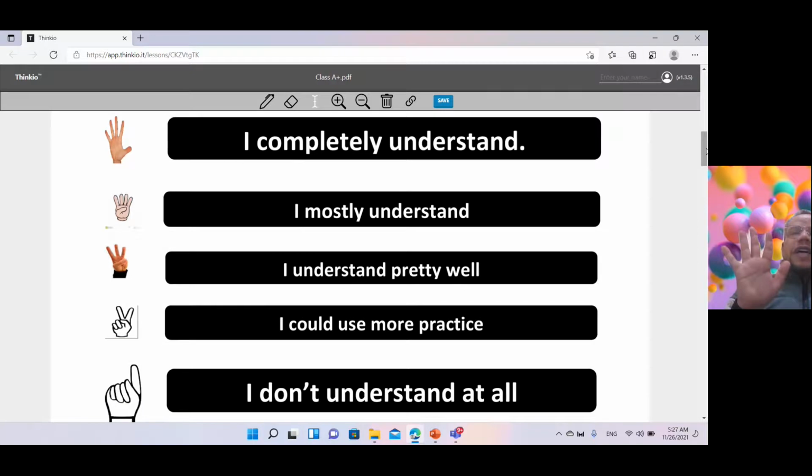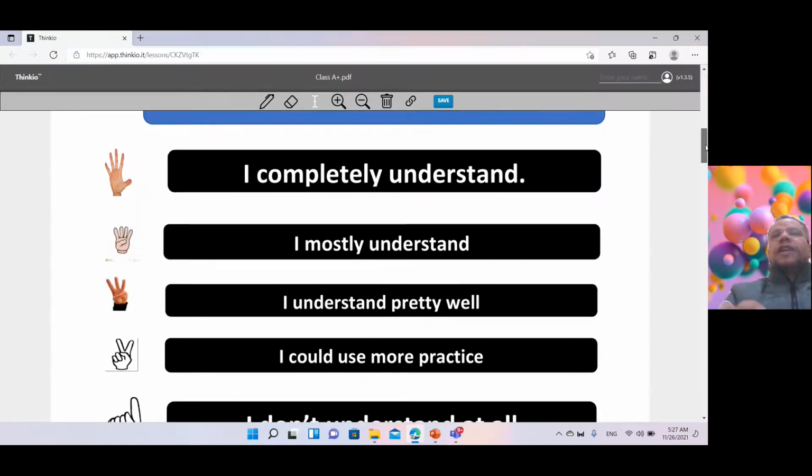So a hand of 5, a hand of 4, a hand of 3, a hand of 2, a hand of 1. Then you write in front of each one a statement. For 5, if the students raise hands of 5, it means they completely understand the task. If some of them raise 4 fingers, it means they mostly understand the task.